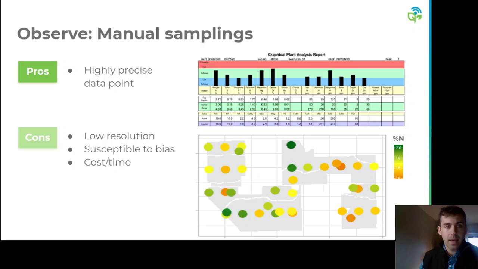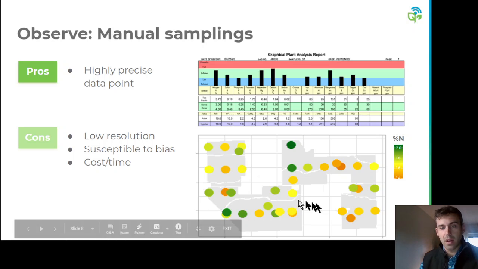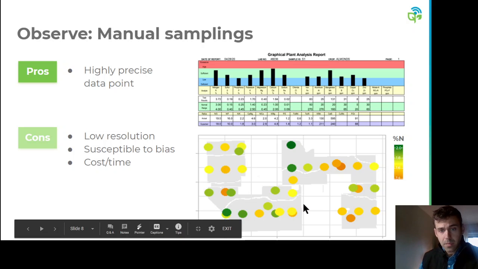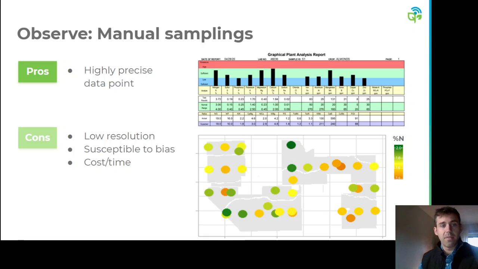Getting a bit more in depth into the manual samplings, these are things that are very scattered across the field, so they have a very low resolution, and they can also be very precise. So that's a trade-off that we have there, and those samplings can also be quite costly if you do many of them, and of course they take some time to sample.